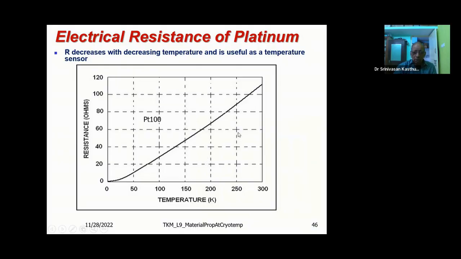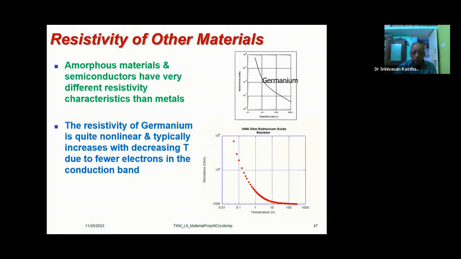Whereas in the case of non-metals, see germanium, for example, the resistance value increases with the decreasing temperature. Okay. And I think ruthenium oxide sensor resistor, for example, it gives the resistance value, how it varies as a function of temperature. Resistivity of germanium is quite nonlinear, typically increases with the decreasing temperature due to the fewer electrons in the conduction band, whereas for ruthenium oxide, the behavior is very similar.